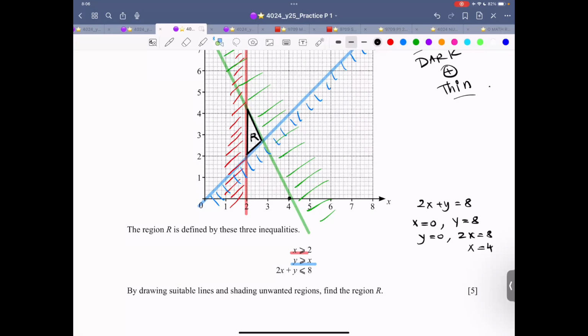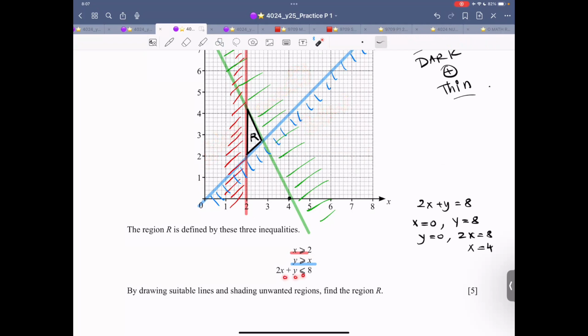Now, first of all, how did I mark it? Of course, it's a closed region. x is greater than or equal to 2, so we want the region to the right. This is the wanted region, so shaded is unwanted. y is greater than or equal to x, so above is wanted and below is unwanted.